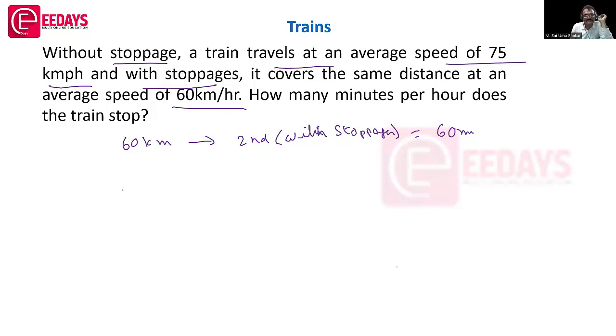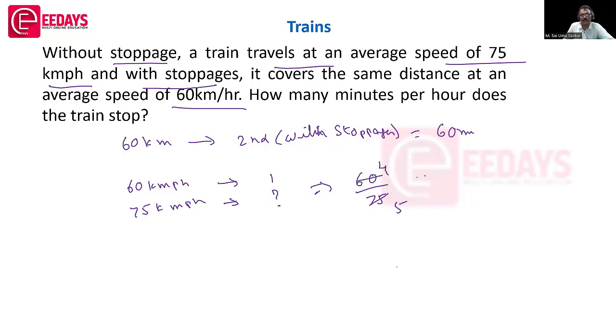Okay, here 60 kilometers per hour speed it covers in 1 hour. 75 kilometers per hour speed it covers in how much time? That's what we require. Speed increases, time decreases. So what happened? That is equal to 60 by 75 or not? What is 60 by 75? This is equal to 15 5 times, and this is equal to 4 by 5 hour or not?